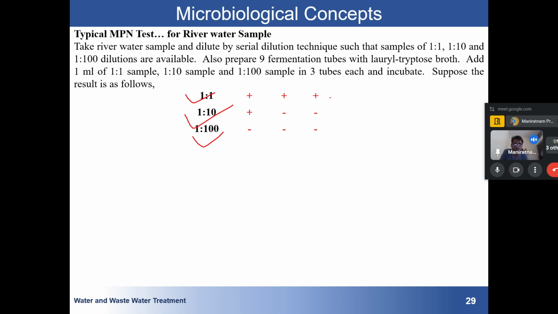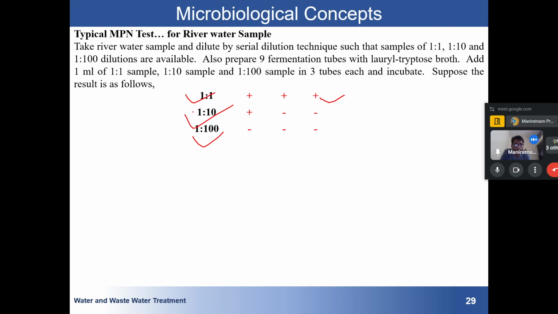It was seen that when the dilution was 1:1, in all three tubes we get some kind of gas, meaning all three of them have given gas. Why all three? Obviously, this was the original sample, so it will contain some kind of bacteria.